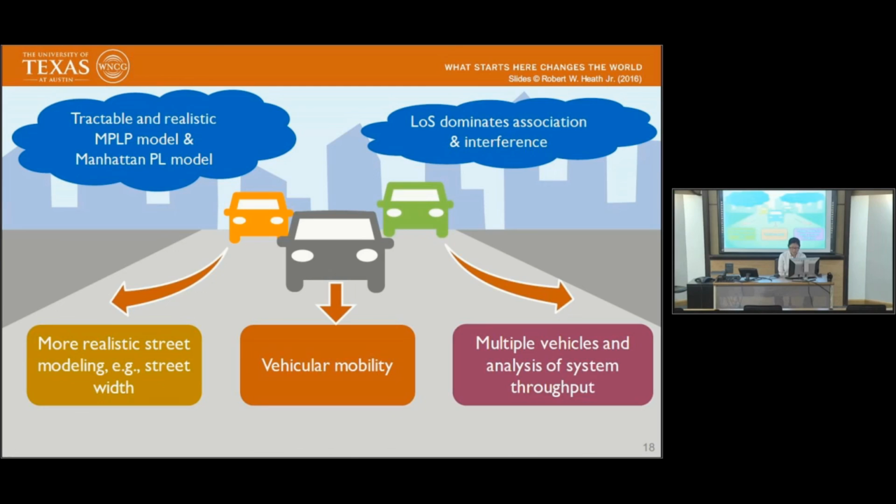And finally, because in this paper we only consider the performance of one typical receiver in the middle, it will be good if we can incorporate multiple vehicles and analyze the total system throughput based on the multiple vehicles.